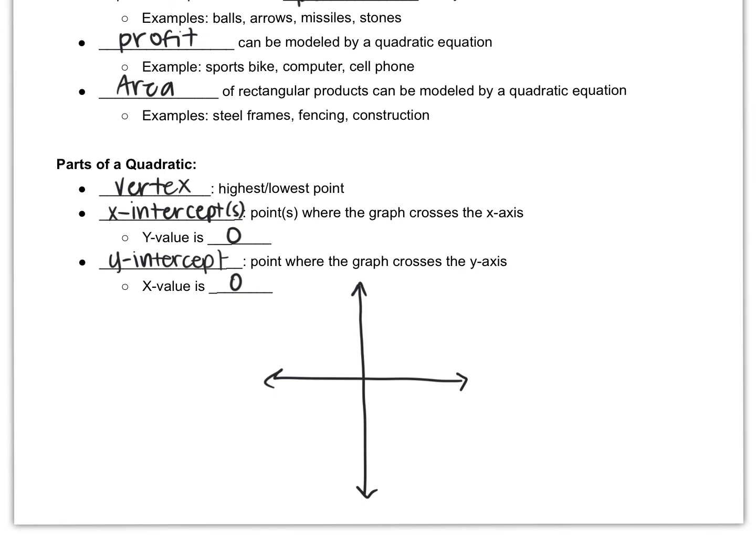Now, if my parabola opened down, the vertex would be the highest point. So it depends on what direction it opens. Then we have our x-intercepts, which I said there is typically 2, but there can be 1 or 0.